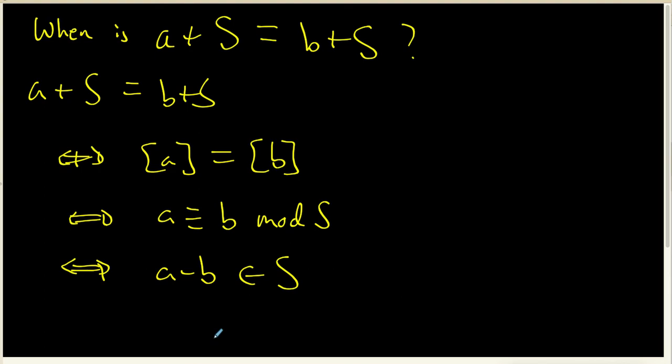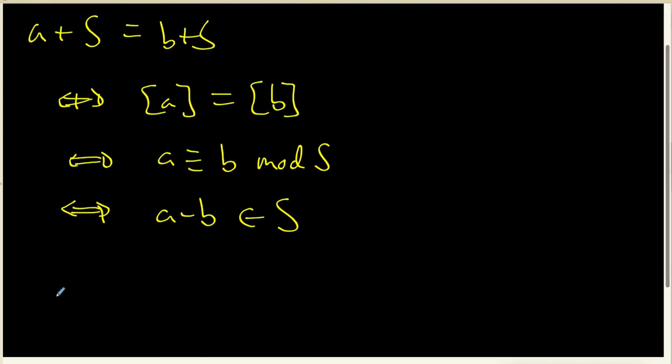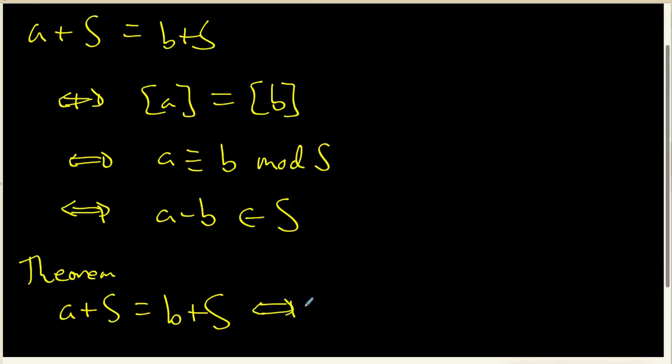So the final thing that we want to say about these left cosets is, as a little theorem, that two left cosets are going to be exactly equal to each other if and only if the difference of their representatives belongs to the subring that we are looking at the cosets of. And that will complete this video.